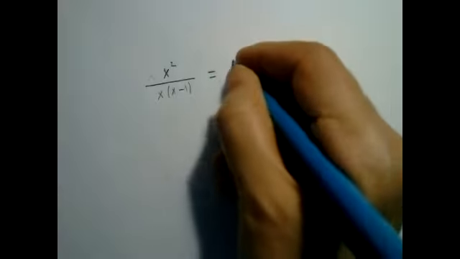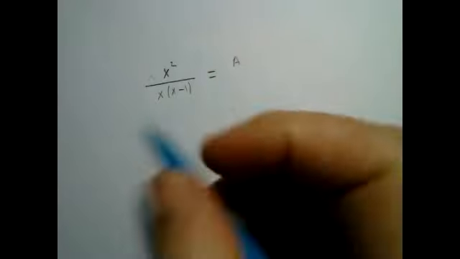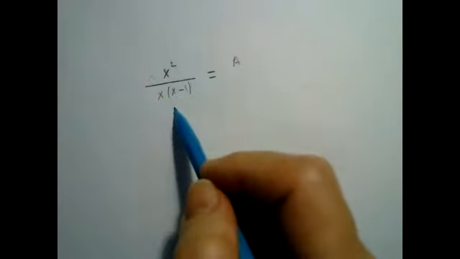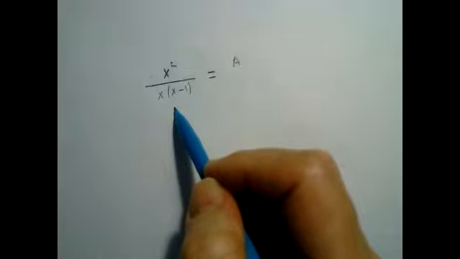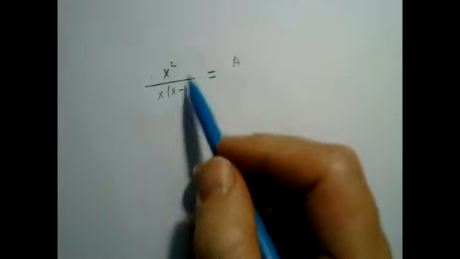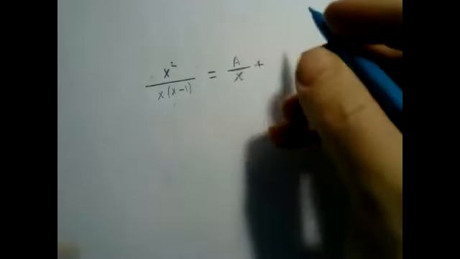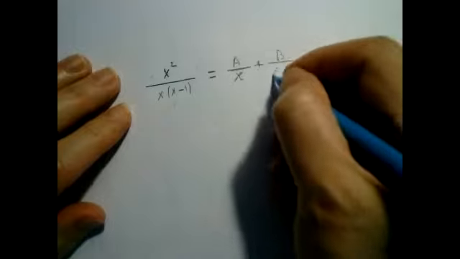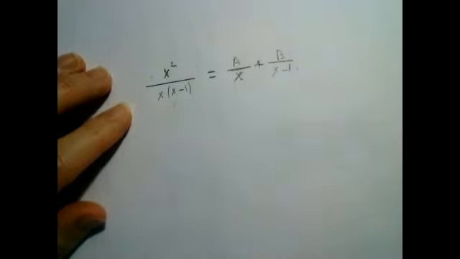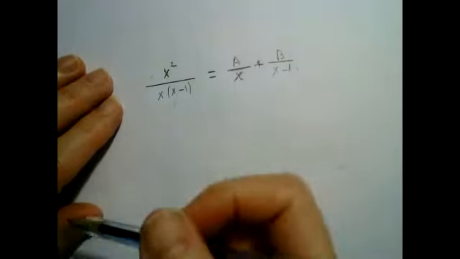Let us say I do what I've learned. Here the degree of the numerator is 2 and the degree of the denominator is 2, and we're going to show you that this is not going to work. So I will have A over x plus B over x minus 1. Let us say I proceed exactly the same way.